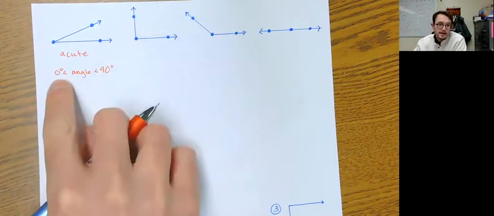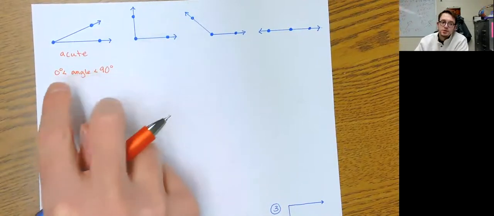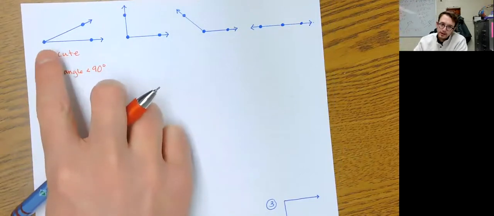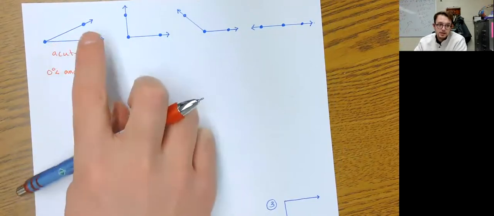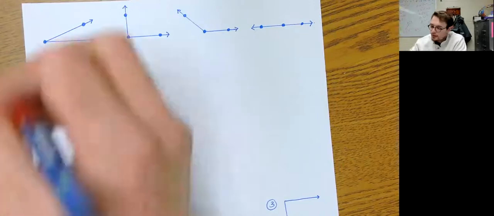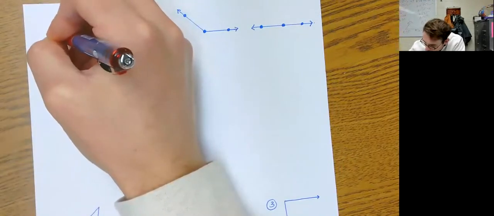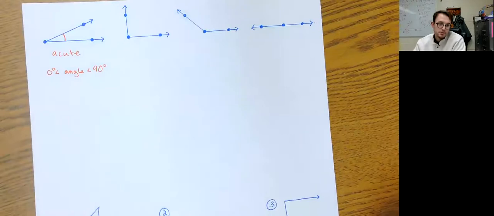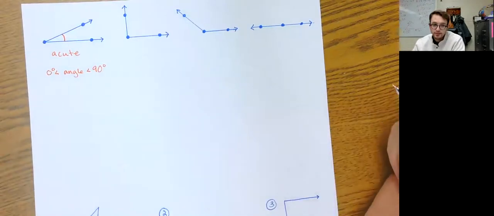So it's not equal to 0, and it's not equal to 90. It's between 0 and 90 degrees. So 1 degree, 89.9 degrees, that is an acute angle. All right, if it's between 0 and 90, it would be acute.